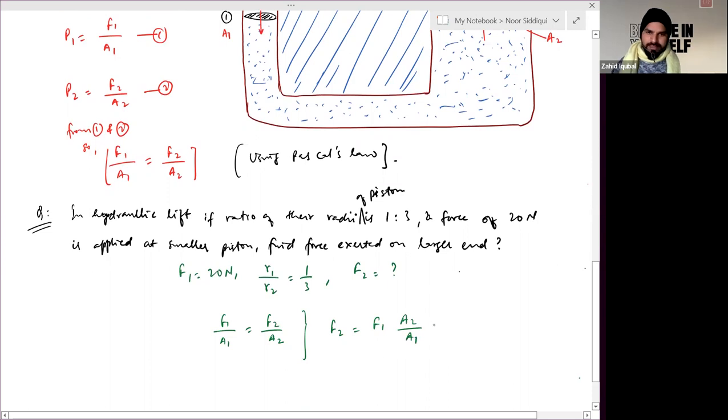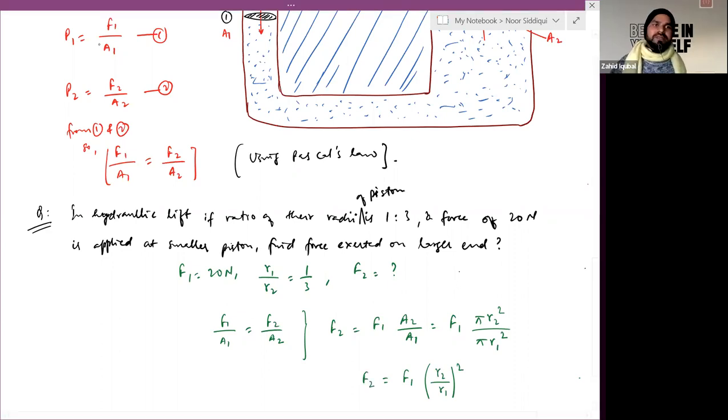You may further expand area as pi R2 square divided by pi R1 square. So pi and pi get cancelled out, and you're left with F1 times (R2 divided by R1) whole square times F2. Now put the value of F1, R1, R2.